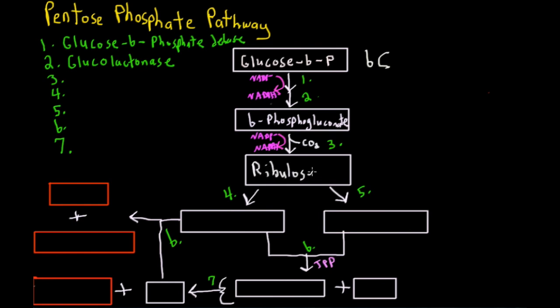And there's also going to be a decarboxylation step. So we're losing a carbon here. So while we retained our 6 carbons here, we're only going to have 5 carbons here. And this is achieved by the enzyme, also mercifully named. It's just going to be 6-phosphogluconate dehydrogenase.